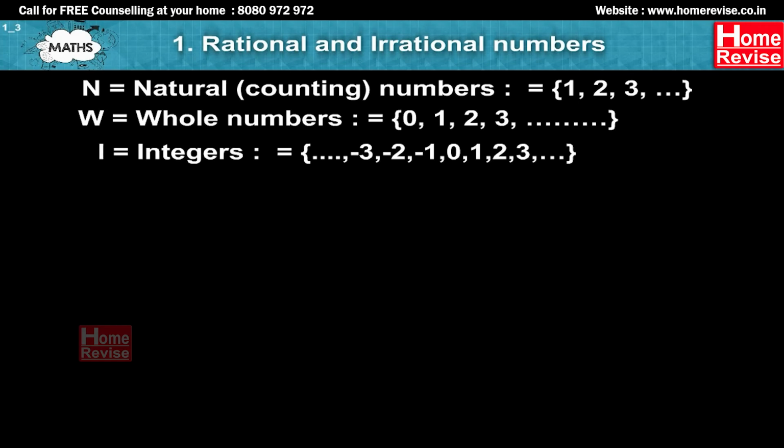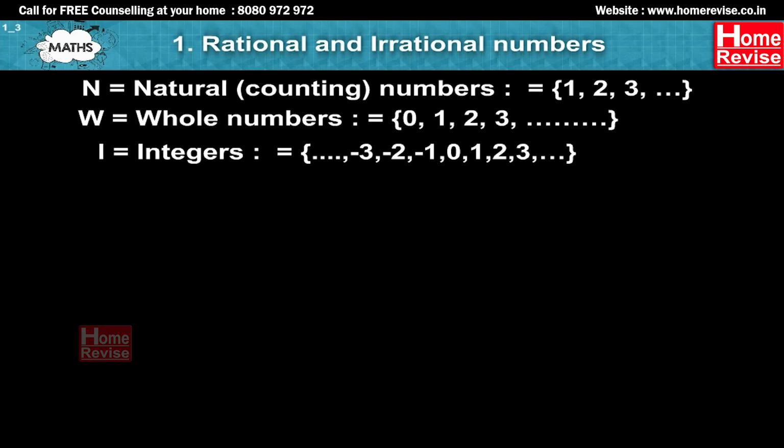I is equal to integers, that is equal to curly brackets minus infinity to -3, -2, -1, 0, 1, 2, 3 and so on up to infinity, bracket closed.